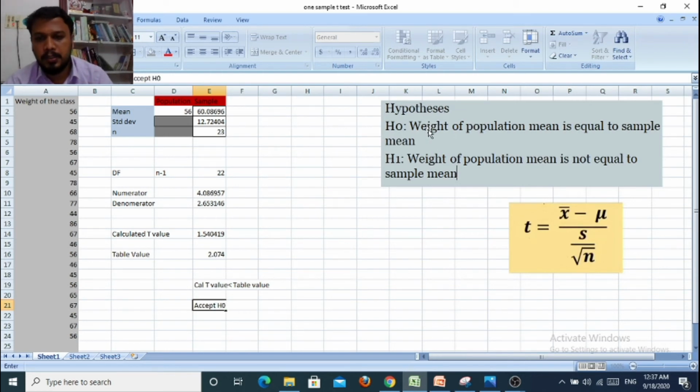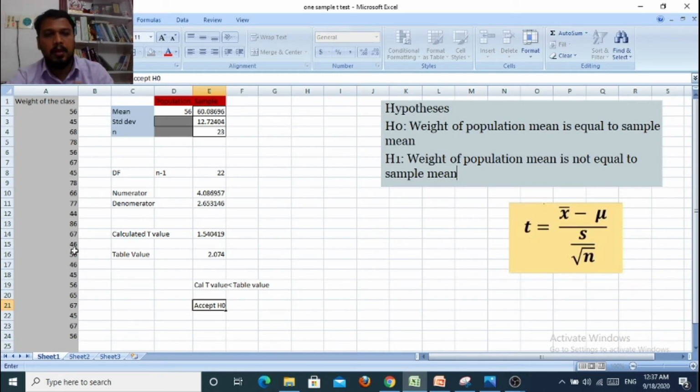Accepting H naught means the weight of the population mean is equal to the sample mean. So you have got a sample whose mean is equivalent to the population mean. This is what you have found out in the one sample t-test.